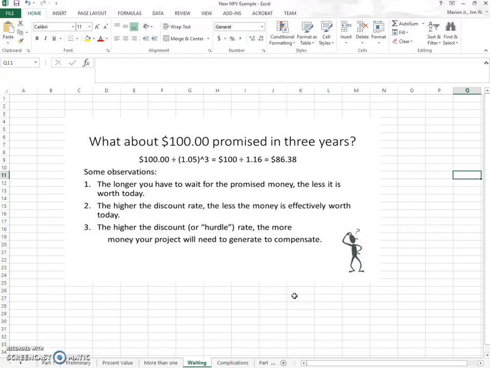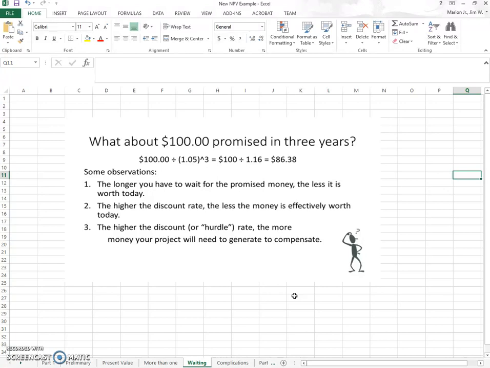In this case, 1.05 is the discount factor. The 3 there refers to the 3 periods, or 3 years in this case. So some observations that you should think about is the longer you have to wait for the promised money, the less it's worth today. The higher the discount rate, the less the money is effectively worth today. For example, if this was 1.1, like 10% instead of 5%, it would be less than 86.38.